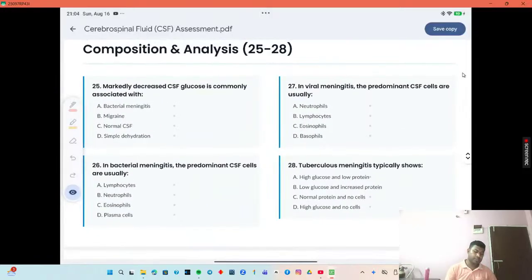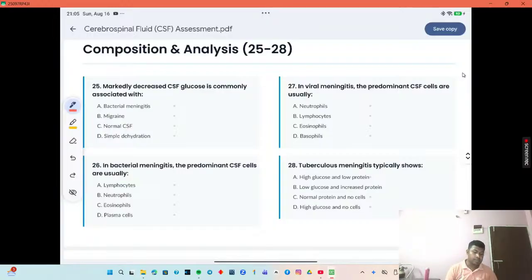Here the question is given as markedly decreased CSF glucose is commonly associated with. What is the main cause of decrease in CSF glucose? Can you please answer this question for me?